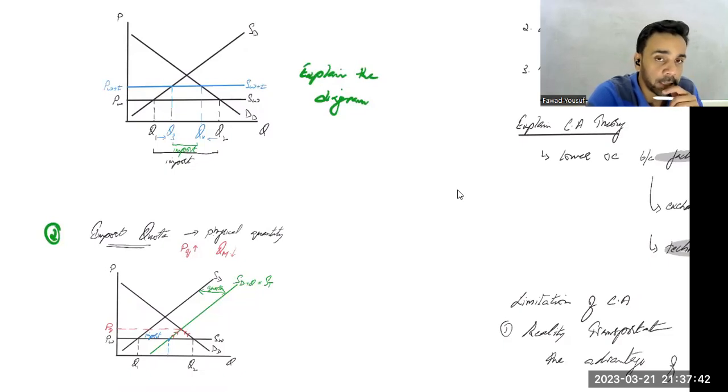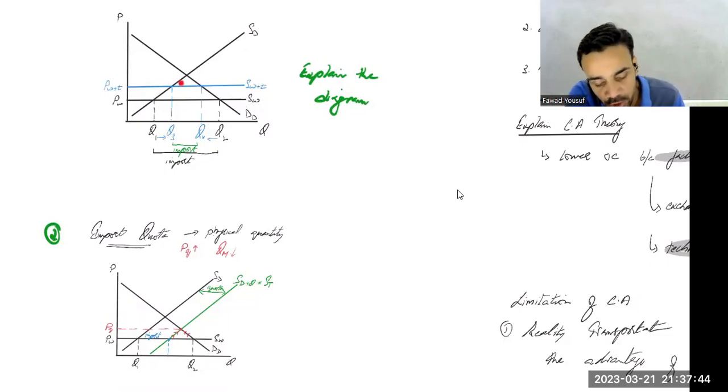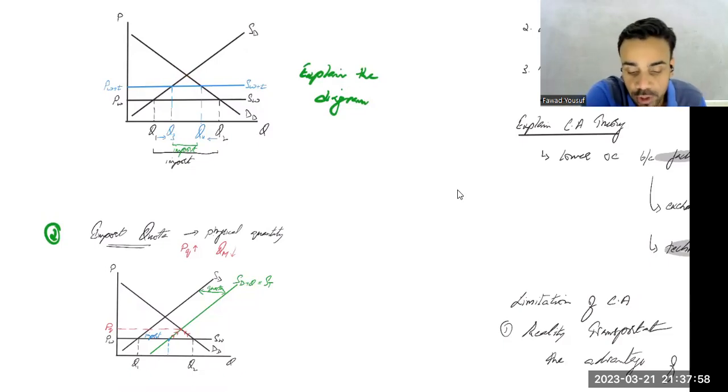But the problem is, if these goods become inelastic, if the demand and supply curve is inelastic, then even if I put a tariff on inelastic goods, the reduction in imports will be relatively small, because people will continue to import those goods and services. So that might be a little problematic here. That is something we can talk about in this one.